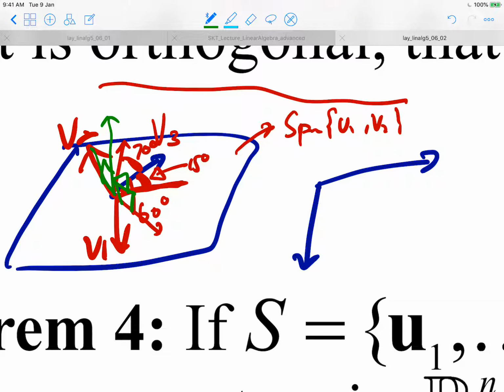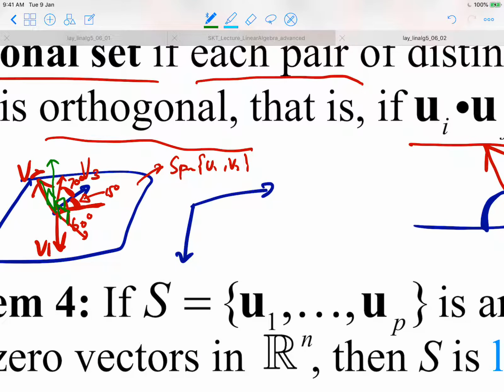So what is the condition of V3 having the maximum possible angle of 90 degrees against any vector chosen from the span of V1 and V2? That is just V3 is perpendicular to V1 and V3 is perpendicular to V2, right?